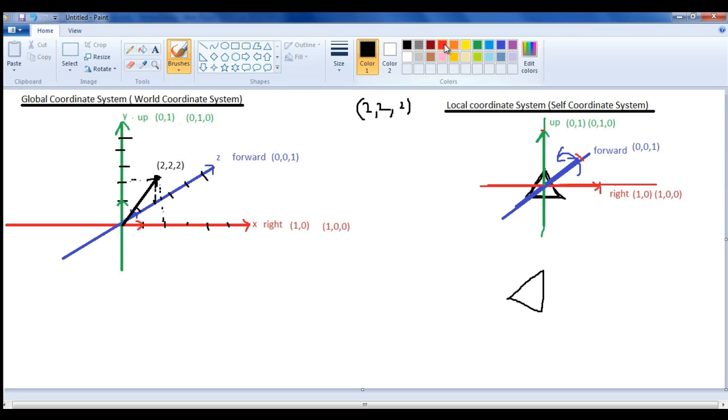That means you are going to have your right vector up and the up vector to the left. Of course, the z vector or the forward vector will be the same as it is inside. Understand this. It's an important concept, friends. It's not difficult to understand.